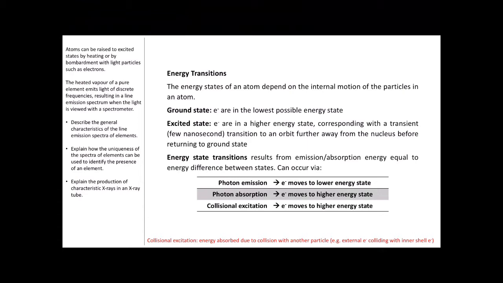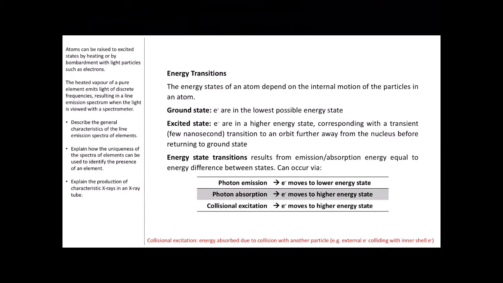In collisional excitation, often the inner shell electron completely disappears from the atom. What has happened is so much energy has been transferred to this electron that it gains enough energy to actually completely leave the atom. So it's moved to a higher energy state, and that energy state just happens to be, I suppose, an infinite state relative to the atom, so it's completely left.